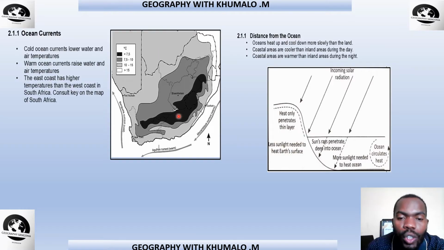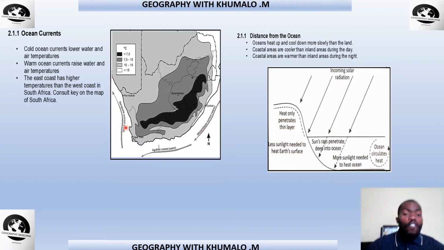On the east coast, we have the warm Mozambique ocean current, and on the west coast of South Africa we have the cold Benguela ocean current. So on the western coast, we expect temperatures that are lower and colder. And on the east coast of South Africa, where we have the Indian Ocean and the warm Mozambique current, we expect the temperatures to be much warmer than the west coast.